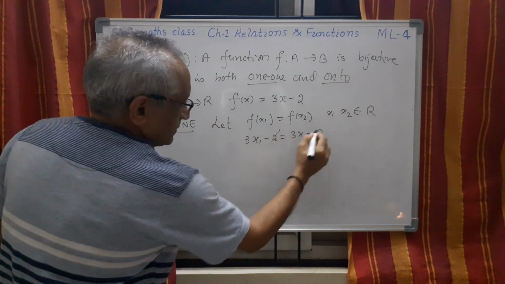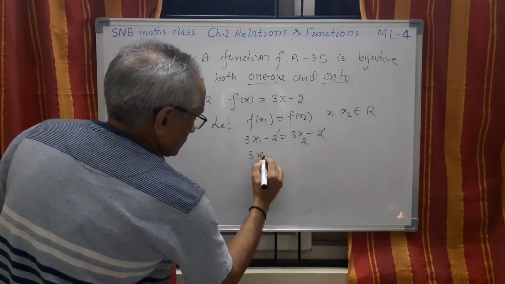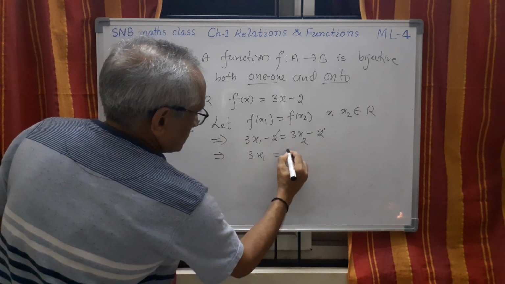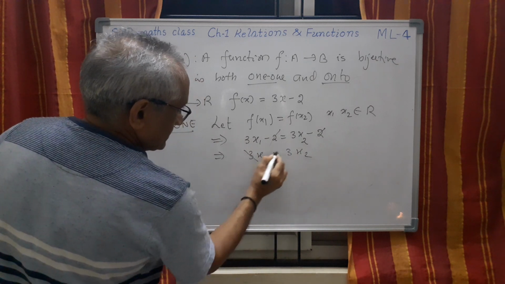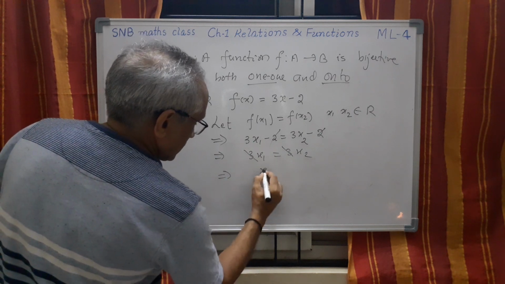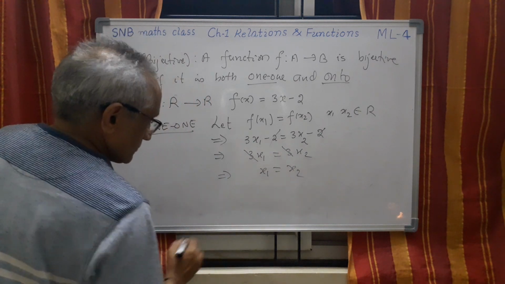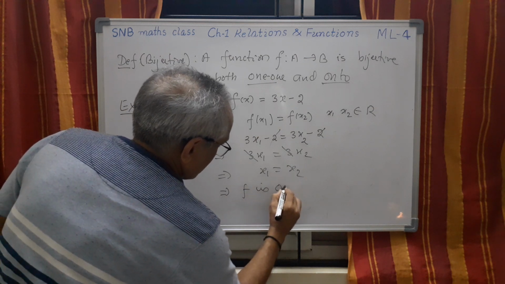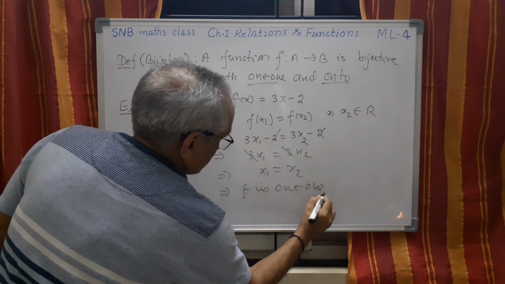Now you can cancel the 2, then 3x1 = 3x2. Once again cancelling 3, you get x1 = x2. So definitely f is 1-1.